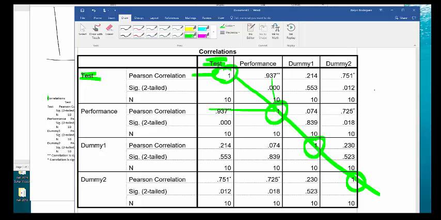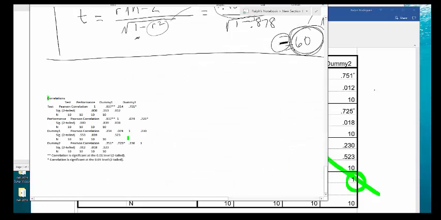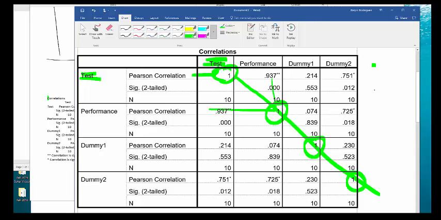Here's another thing that we know. If you want to know the correlation between performance and the test, it's the same as between the test and performance. So why are these the same?